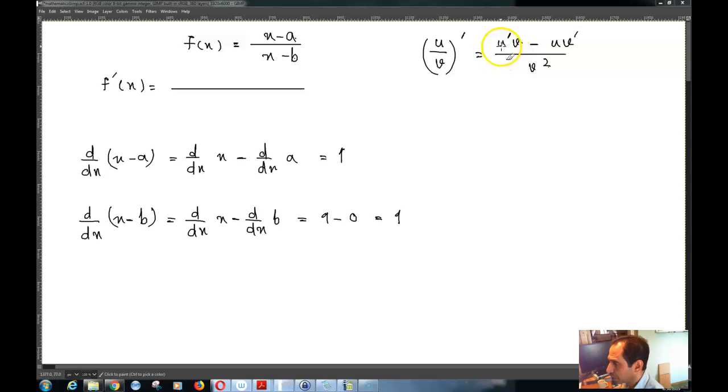So then you can write this as u prime is 1 times v, which is x minus b, minus u times v prime. V prime is equal to 1, so u is equal to x minus a over v squared, which is x minus b whole squared.